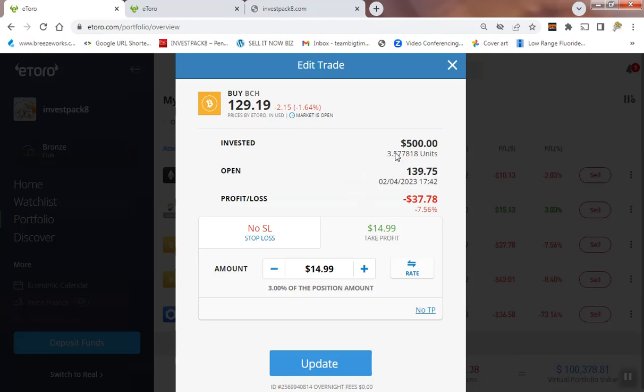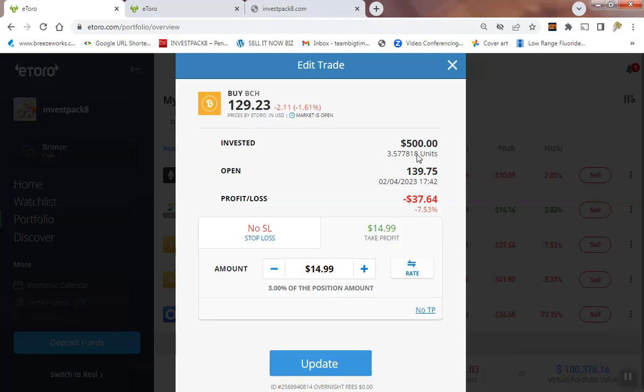So we end up buying the stock here at $500, or not the stock, the units of Bitcoin Cash. I'm not too much of a favorite of Bitcoin Cash. It doesn't move fast enough for me. But you can go into Bitcoin and it moves really fast.